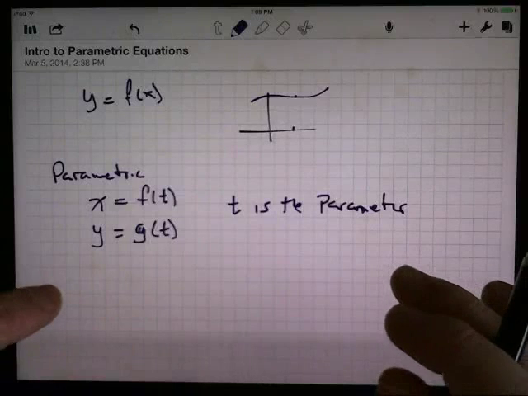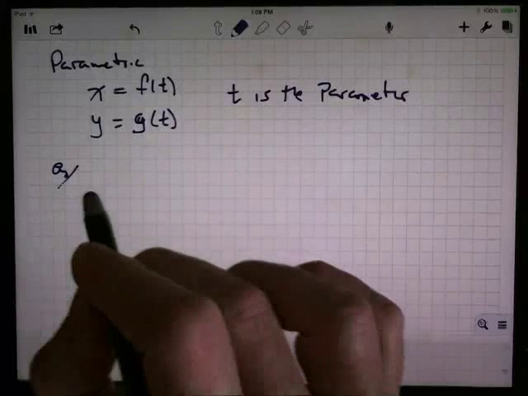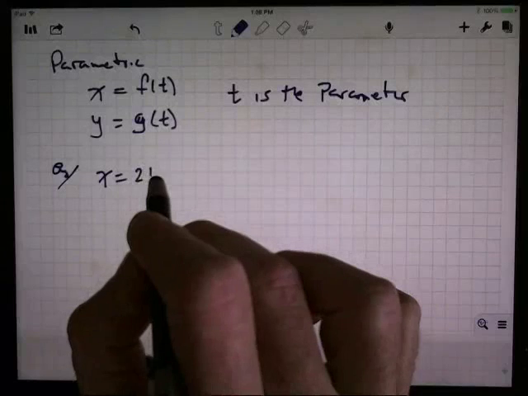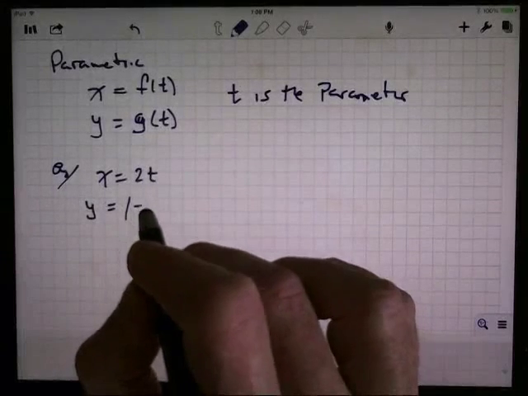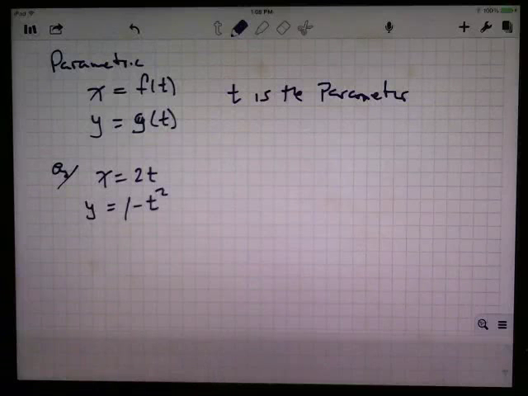Okay, let's look at some examples here. Here's my first example. I want x equals 2t and y equals 1 minus t squared. Now, in order to plot the graph of this thing, I want to show you several different ways.